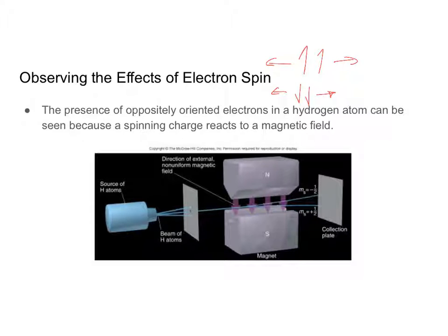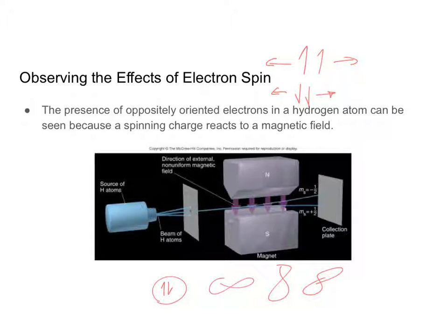Well, what we found out though is that because we have the orbitals, like the s orbital, which is spherical, and the p orbital, which is dumbbell shaped, those all hold two electrons, and the only way for those electrons to exist in that space at the same time is if they were opposite spin.